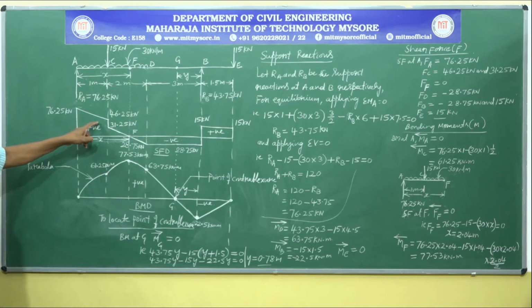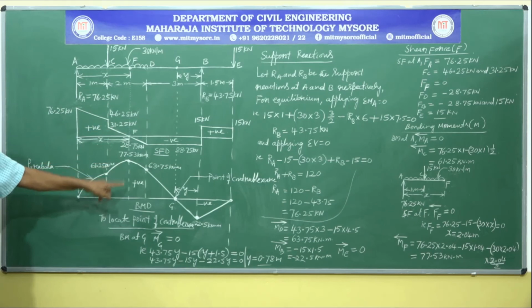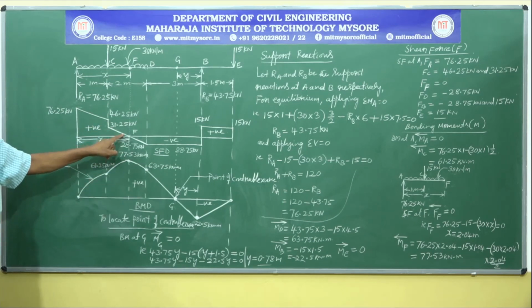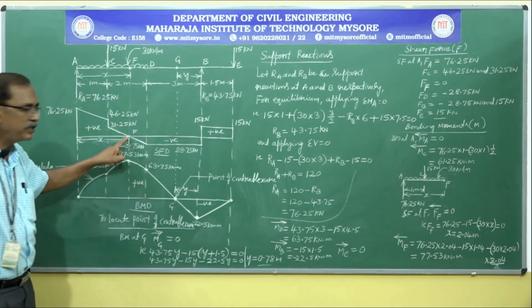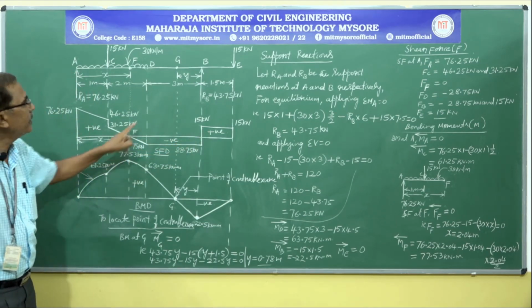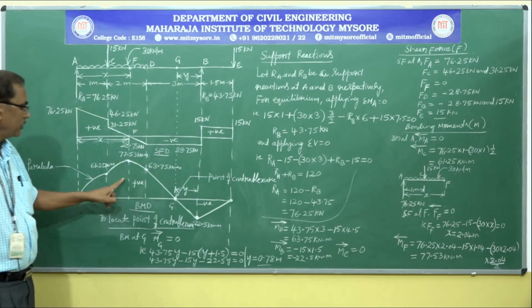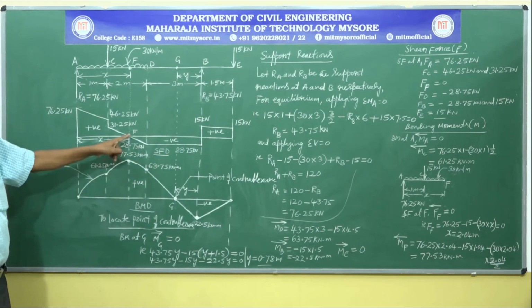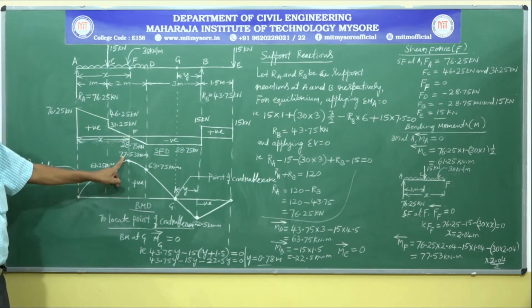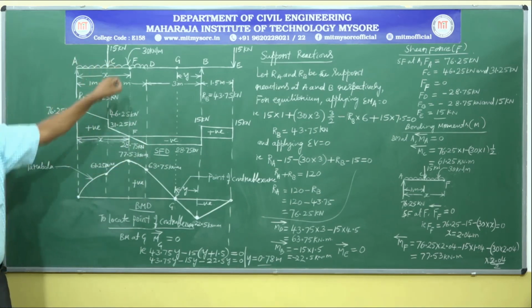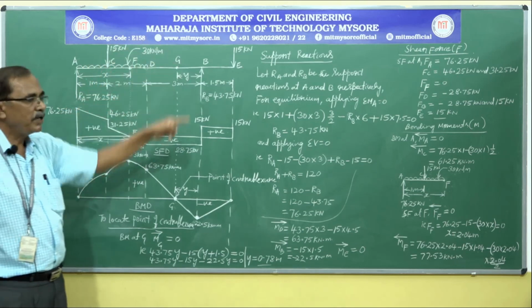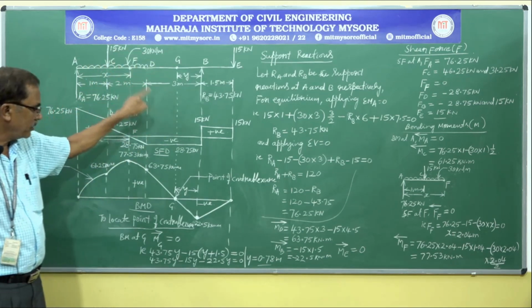One more thing you can notice here: the shear force diagram changed its sign from positive to negative and negative to positive at 2 points, F and B, and we got values there. At point F the value is maximum, 77.53 kilonewton meter, and that is the maximum bending moment due to the applied loads in this beam.